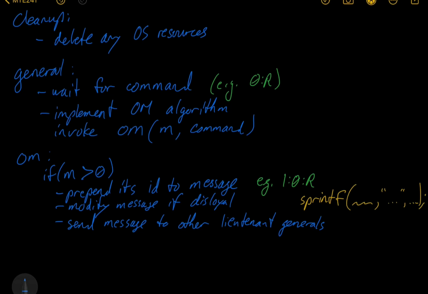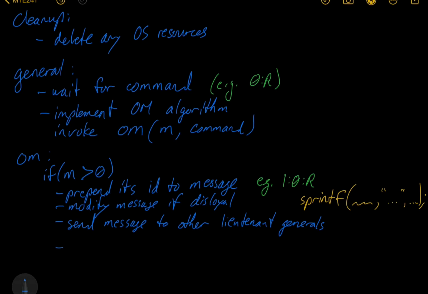And so to send the message to the other generals, you're just going to be doing os message queue put, and you're going to go through the n generals, skipping the ones that are in the message already, the list of who's gone through already.